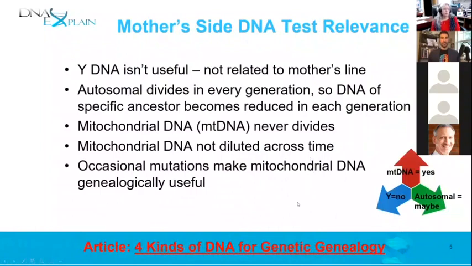So for test relevance, to obtain your mother's side information, your matrilineal, the Y-DNA isn't useful. Autosomal divides in every generation, so that's reduced every generation to only a fraction of the ancestors, but mitochondrial DNA never divides. It's not diluted across time, and because it does have occasional mutations, that makes it genealogically useful.